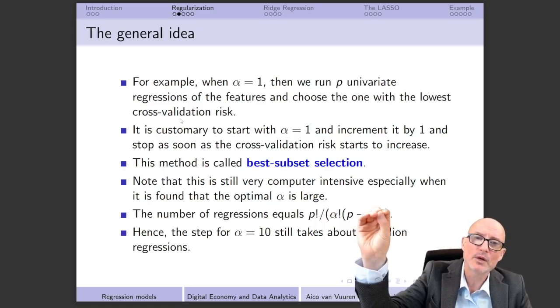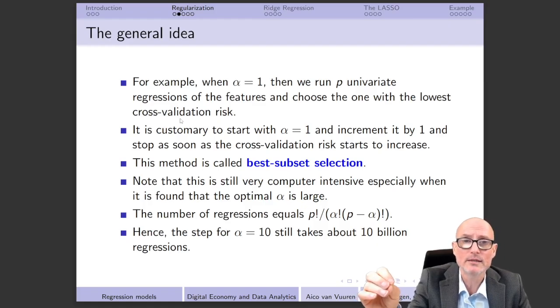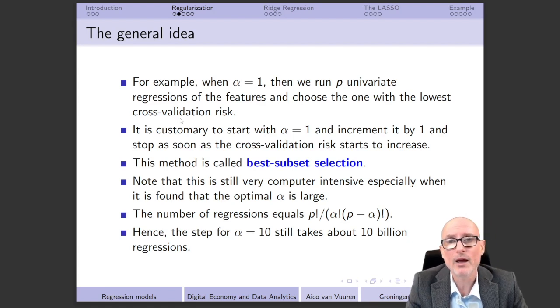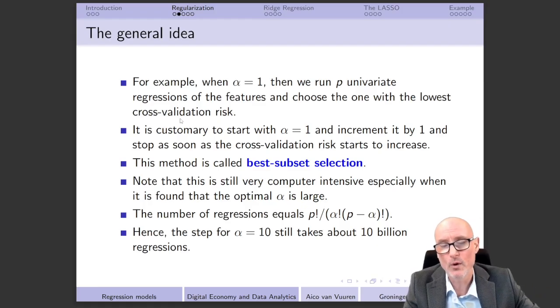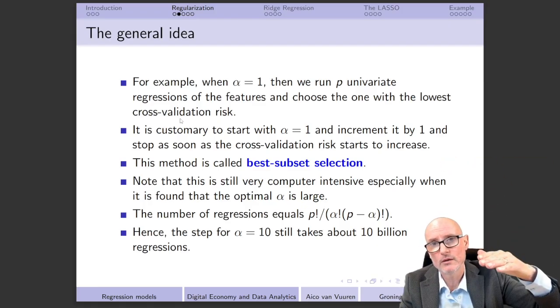However, at the moment that we go from alpha is 1 to alpha is 2, we do see that the cross-validation risk will actually drop quite a lot. And that will probably also still be the case if we go from 2 to 3 and maybe also from 3 to 4. That implies that by incrementing alpha all the time by 1, we will reduce the cross-validation risk.